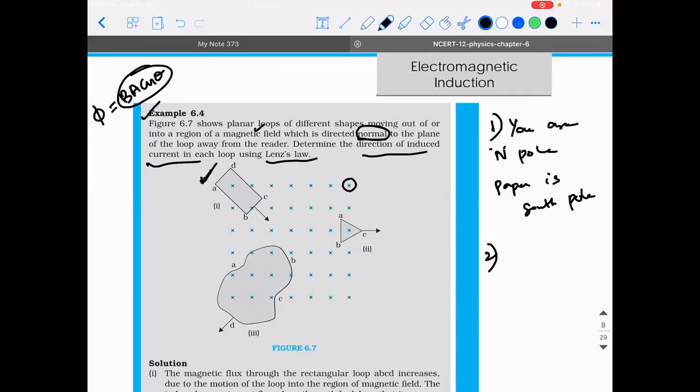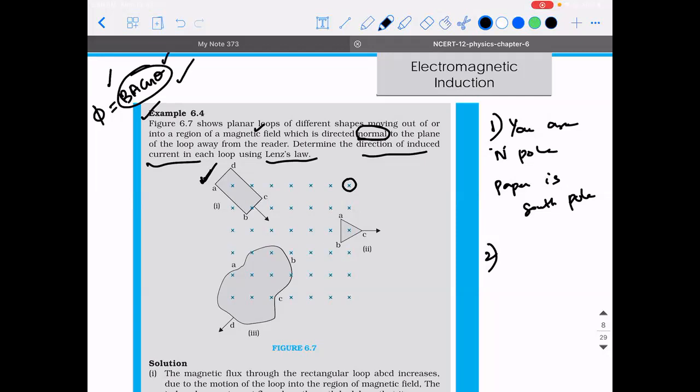Now, what are all the parameters that are constant in the case of flux? I told you flux depends on three parameters. What are they? Magnetic field, area, and theta. So which parameter is constant? B is constant and theta is also constant.